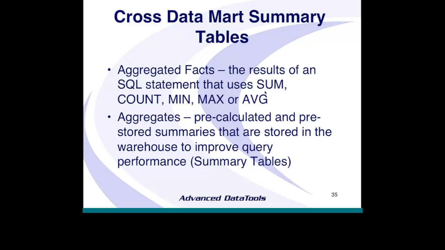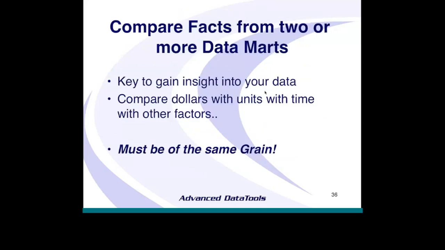And let's talk about grain for a minute. The grain of a fact table is the level of detail that fact table holds. And you might have a financial system that has every debit, credit that goes through your system.